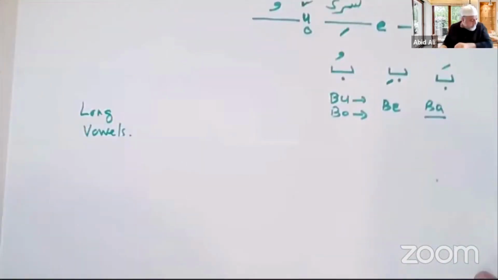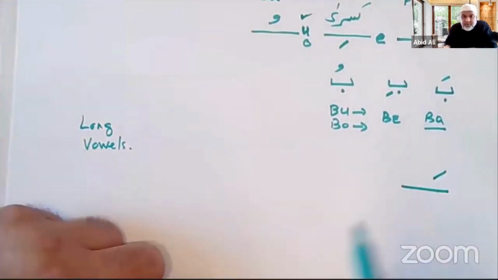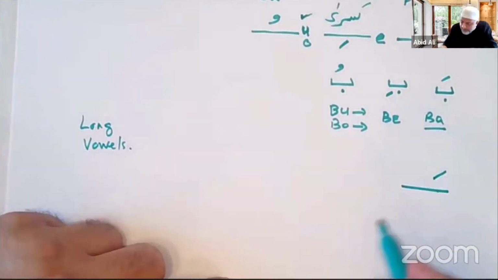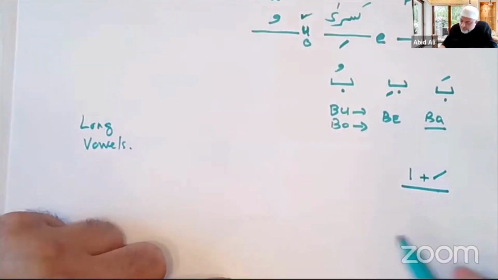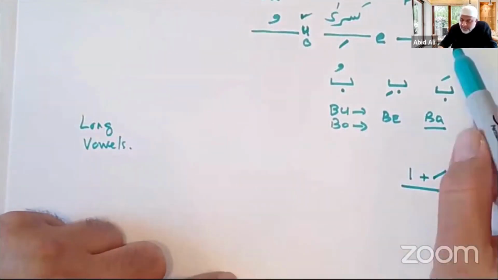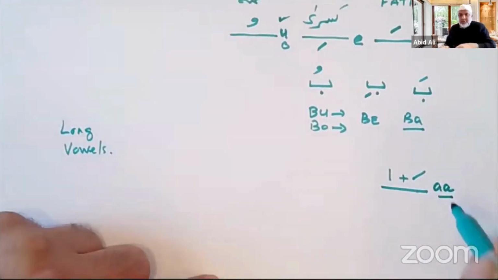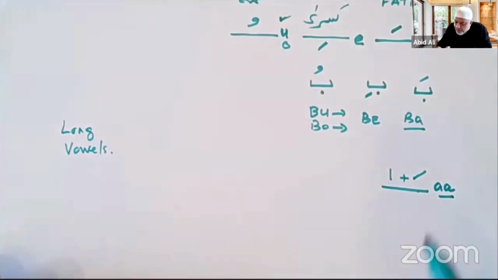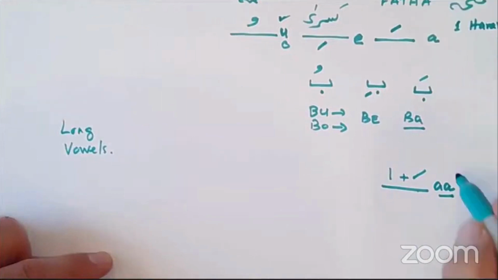For example, if I have the fatha, add an alif to it. Before, I made a short sound, now it will become a longer sound, like two haraka instead of one haraka. Is that making sense?